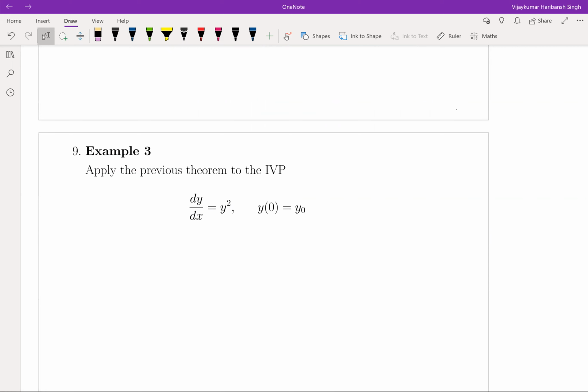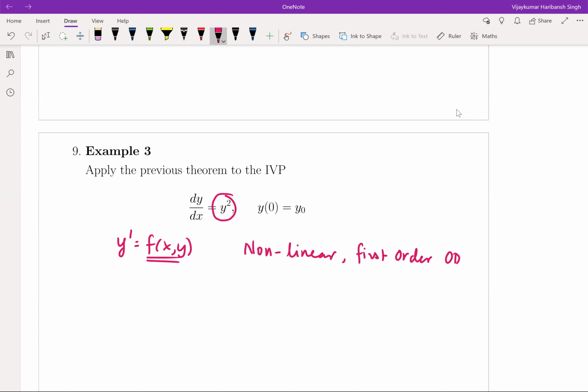As you can see, because we have y square, your y prime equals f of x, y is not linear in y, so therefore this is a non-linear first order ordinary differential equation. Okay, so that is that.